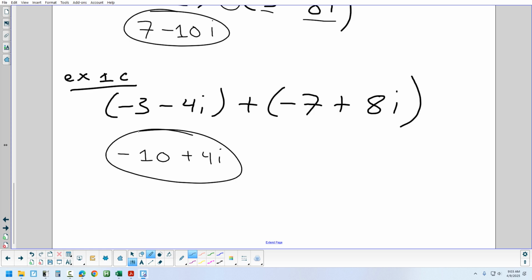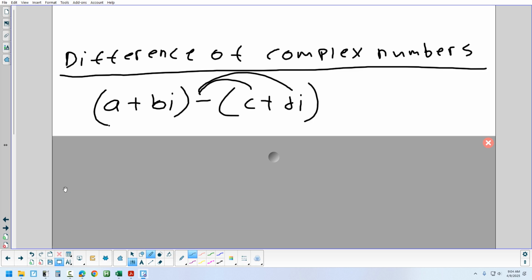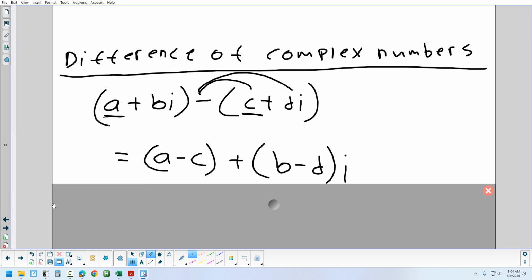Okay, so it's pretty straightforward. Now with subtracting, it's pretty much the same idea, except instead of adding this real part to that real part, you're going to subtract them. So it's a minus c, and then we have to do b minus d.